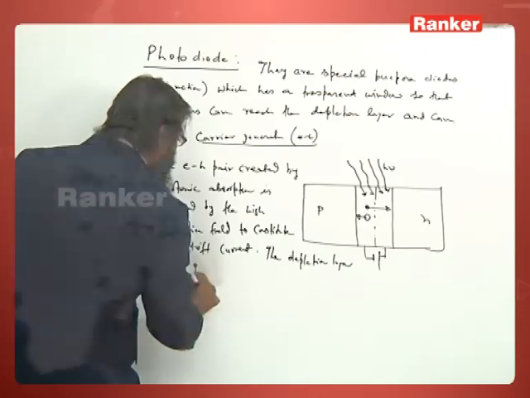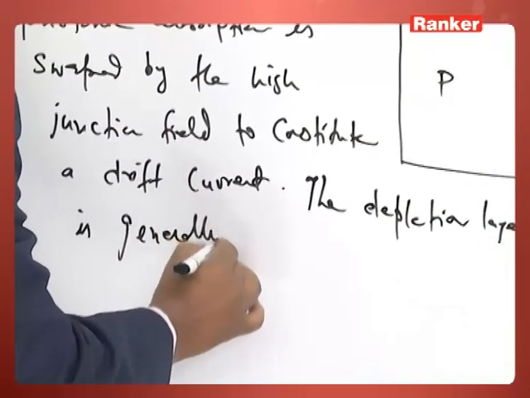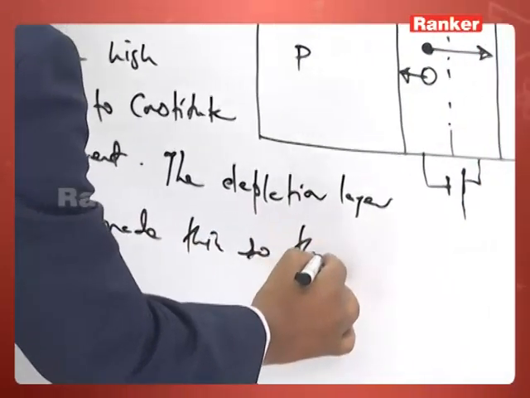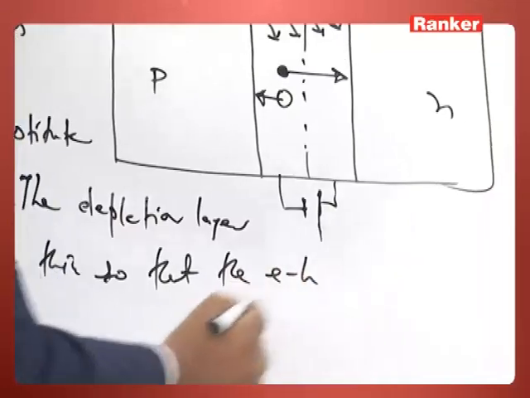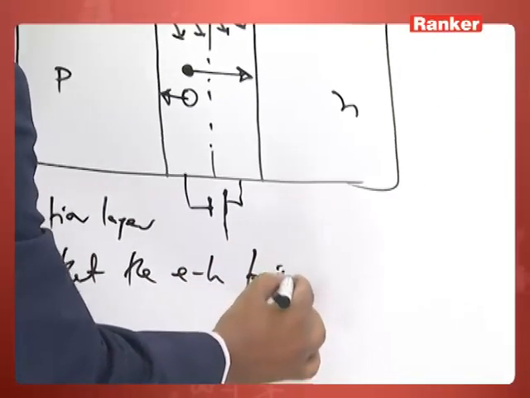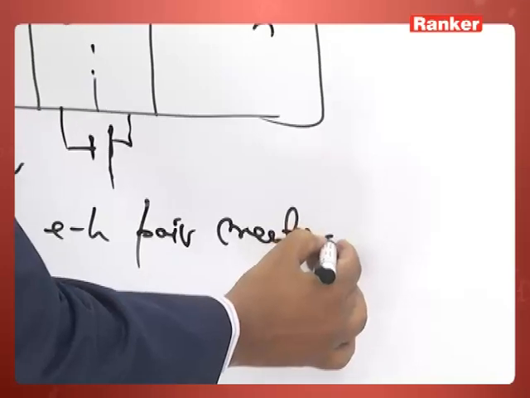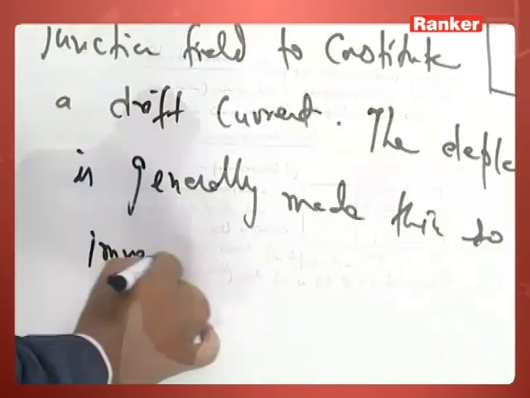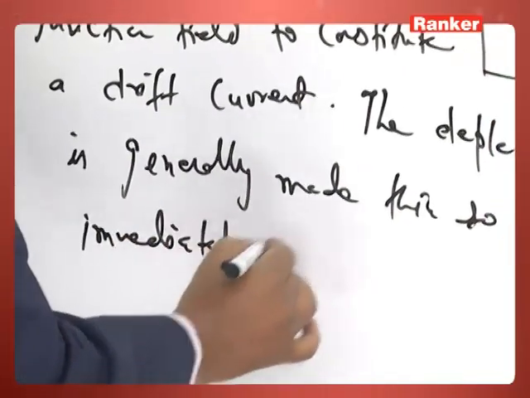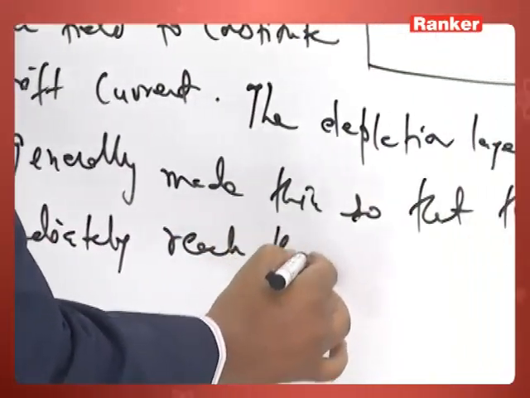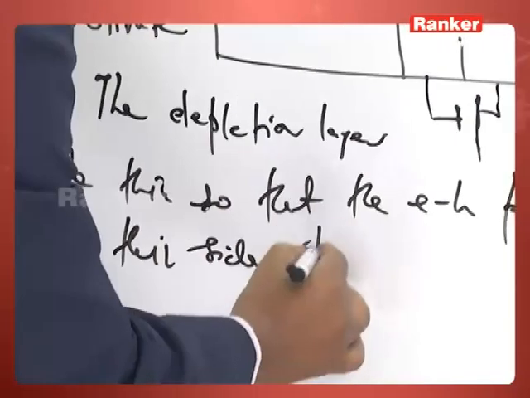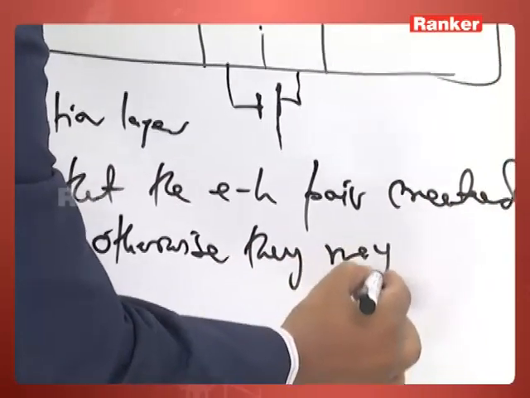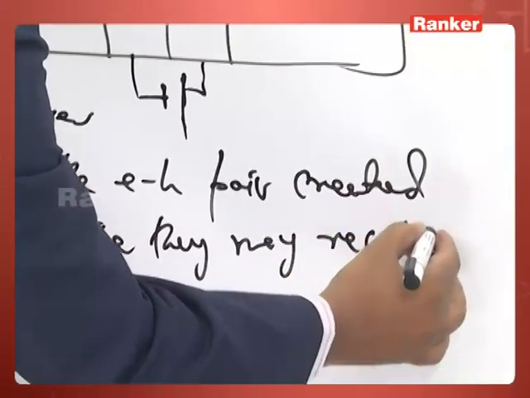is generally made thin so that the electron hole pair created immediately reach their side, otherwise they may recombine.